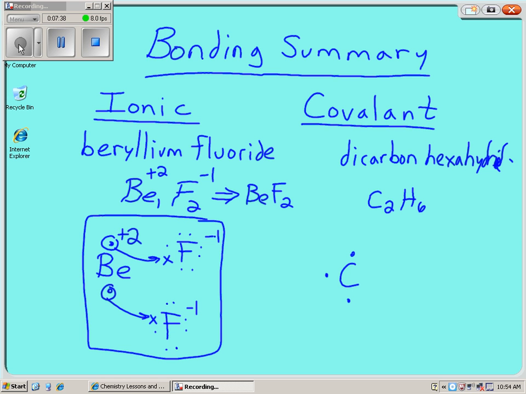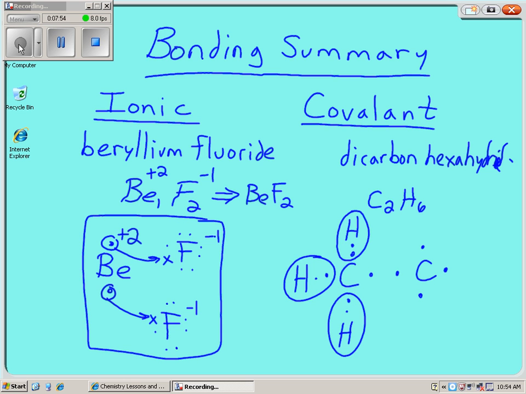Well, each carbon has 4 valence electrons, and each of the hydrogens has 1, and is looking to have 2 to become like helium. So each of the hydrogens comes along with its 1, and they share. So each of the hydrogens becomes more like helium, which has its version of the octet, which is just 2.